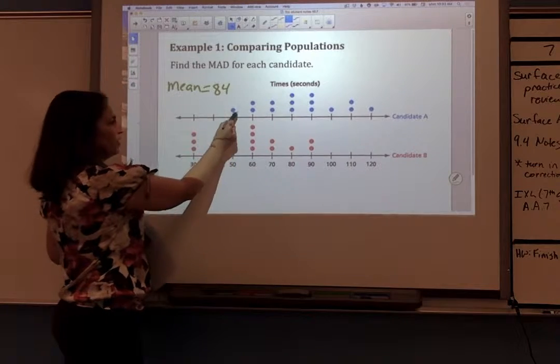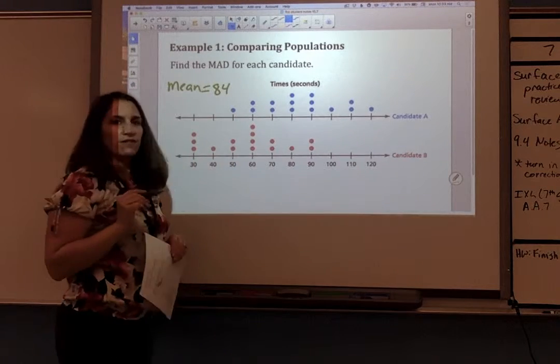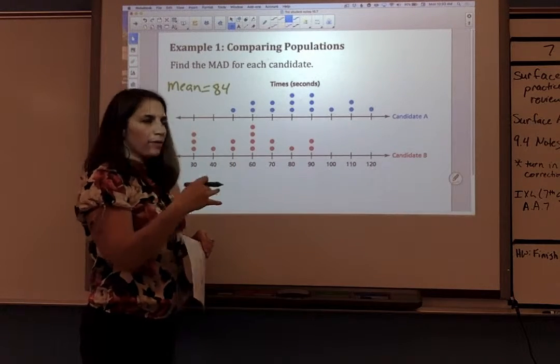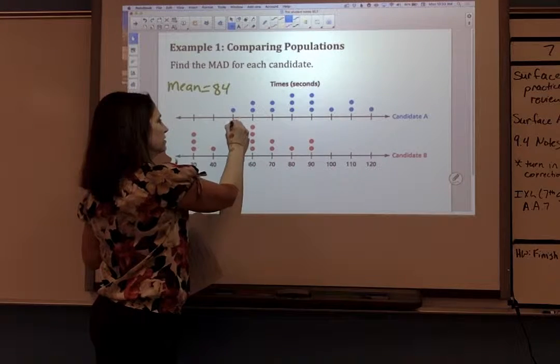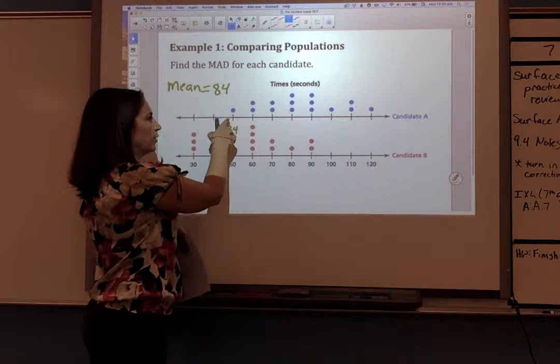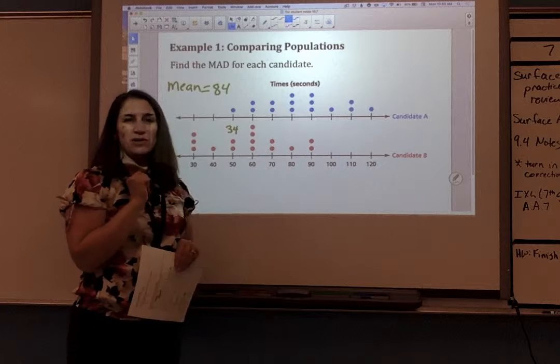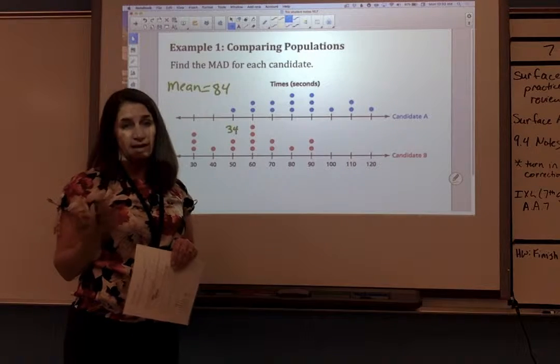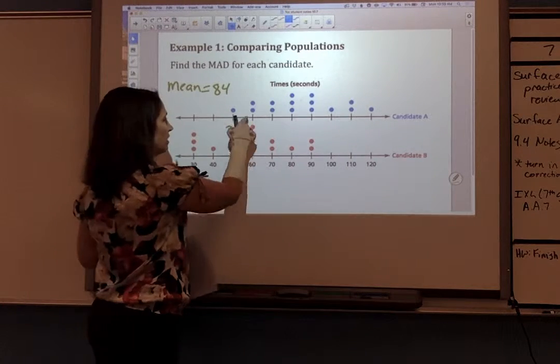If on this question the candidate used 50 seconds, 84 minus 50 is 34. So we're going to count this data point as 34 because it's 34 seconds from the mean.